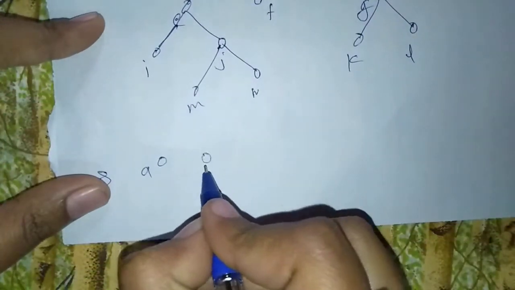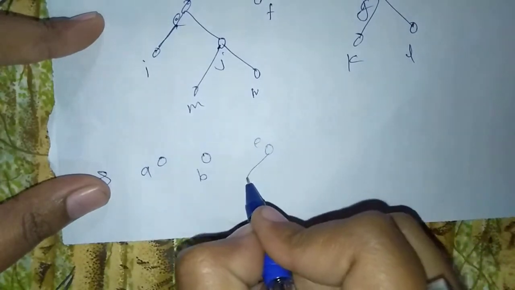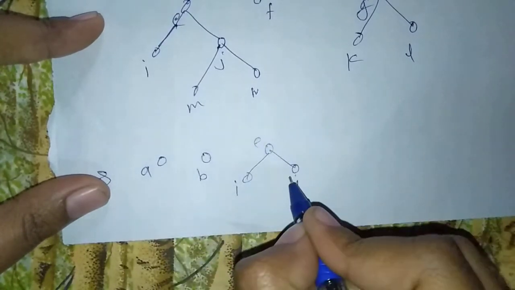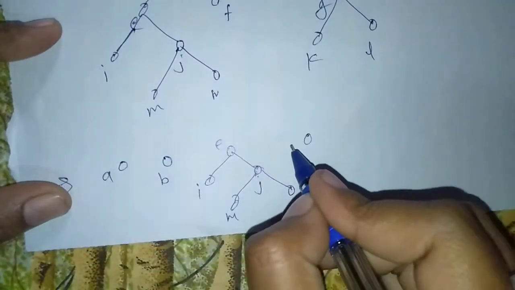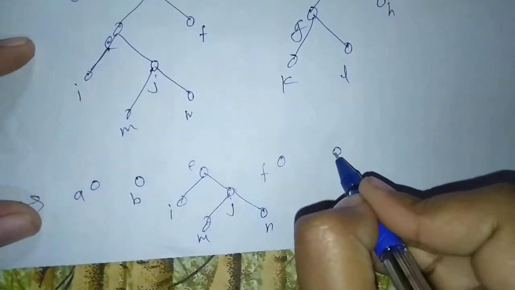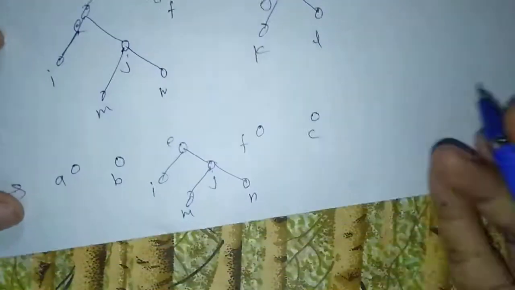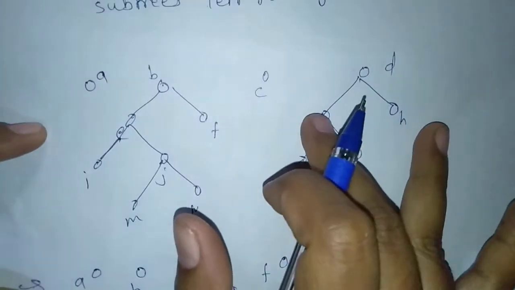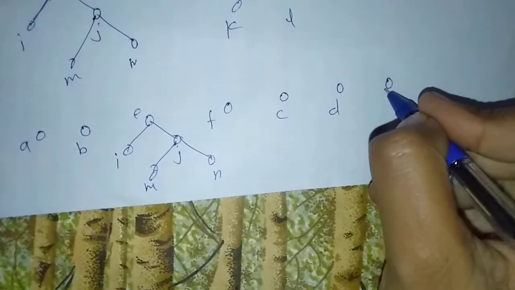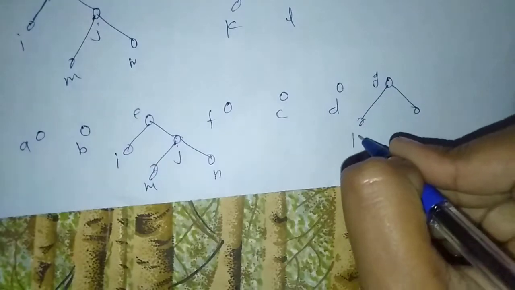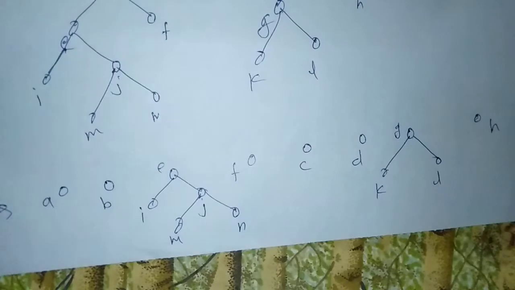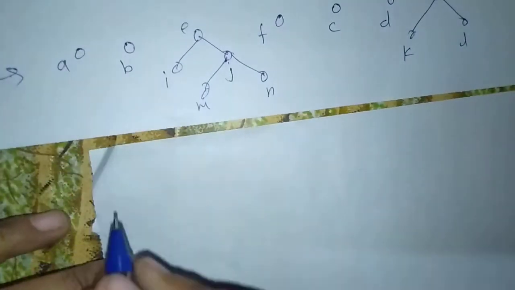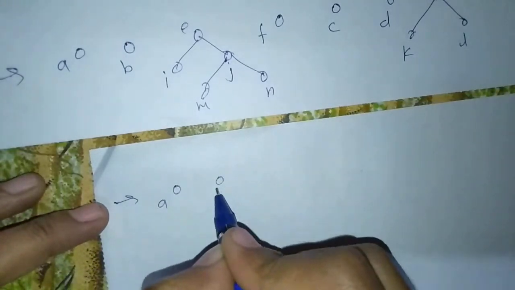So first take root B, next take subtree I, J, M, N, and next this F, and next as it is C, and next this is the root, take first and next take these two subtrees G, K, L, H. Now just a minute. Next take A, B as it is.